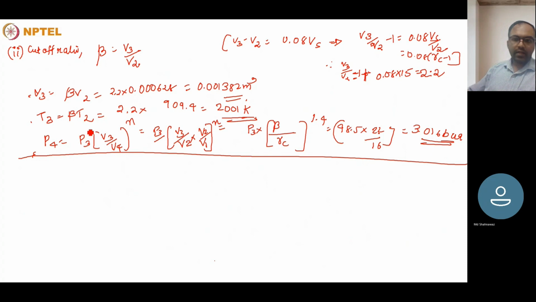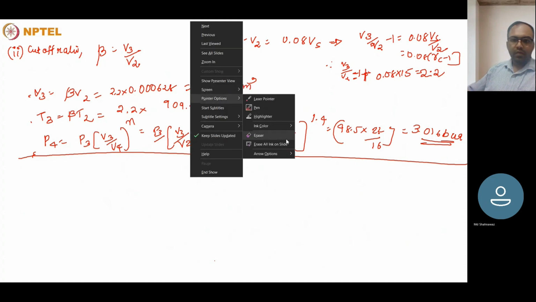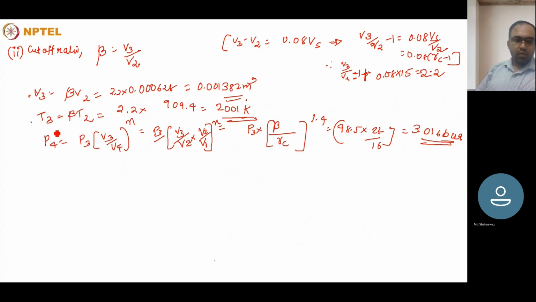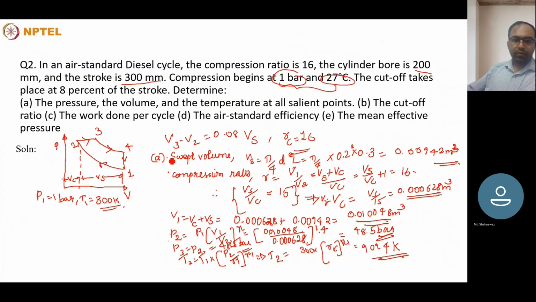From this, we can calculate T4. T4 is equal to T3 into (V3 by V4) to the power gamma minus 1. T3, the peak temperature in this process, we have calculated to be 2001 Kelvin.